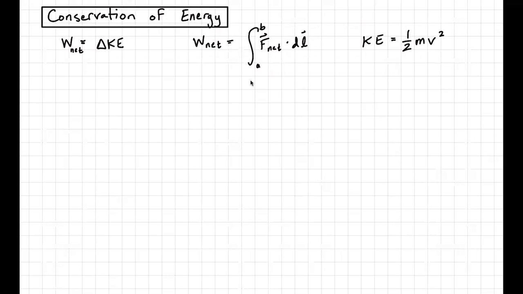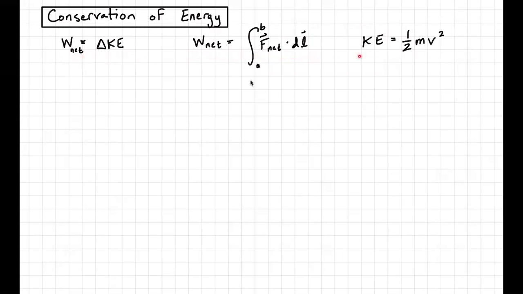At the top here, I've got these equations, some of them definitions. We have the definition of the net work, just our normal work equation with the net force as the force that we're integrating. We have the work energy theorem, that the net work is equal to the change in kinetic energy for a system.